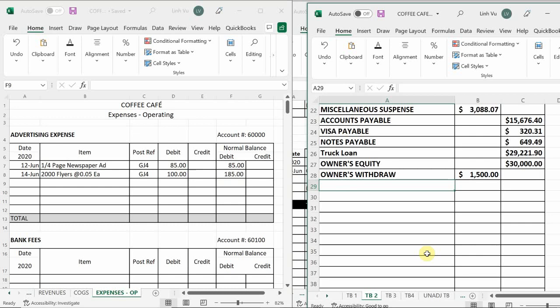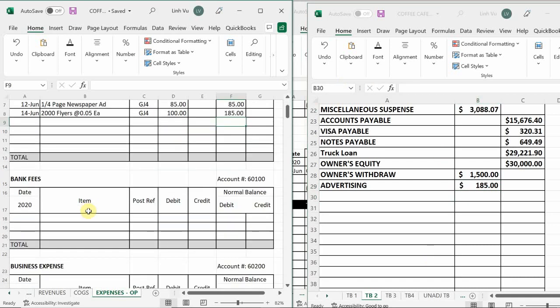So in this case, the first expense I see on the list here is advertising expense. Yes, we bought some flyers, we bought some newspaper ads for a grand total of $185 debit. We haven't incurred any bank fees yet.